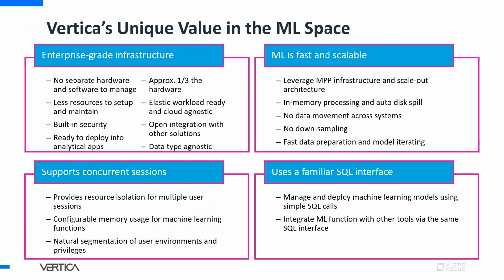That is Vertica's unique proposition here: we would not require a separate machine or hardware. You can run Vertica machine learning within the Vertica platform. You don't require additional RAM or any additional hardware or node.